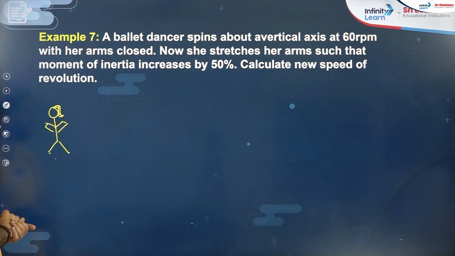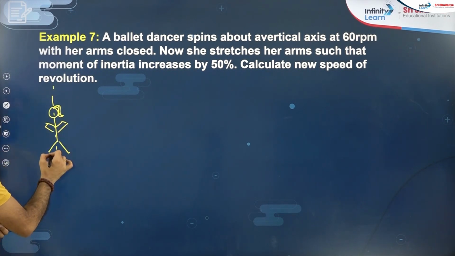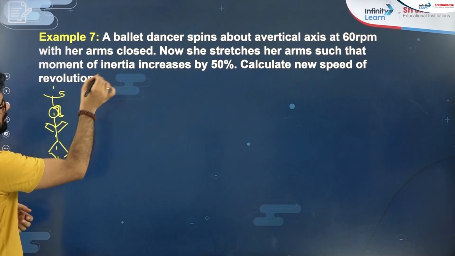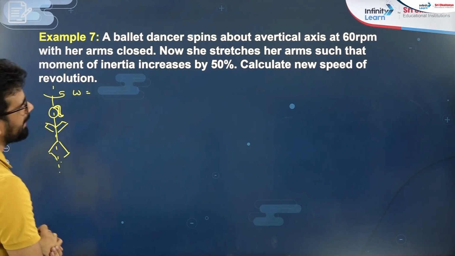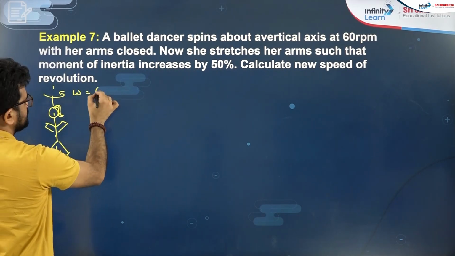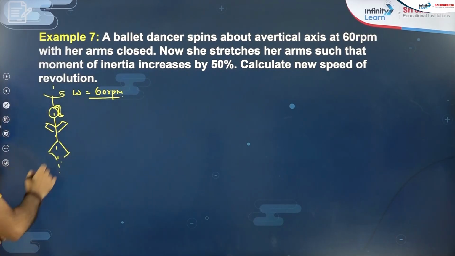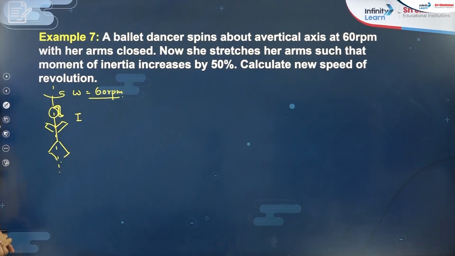She is rotating about this axis, and omega is given to you. How much omega is given? That is equal to 60 rpm. She was actually rotating at 60 rpm. And suppose I assume the moment of inertia is I initially.